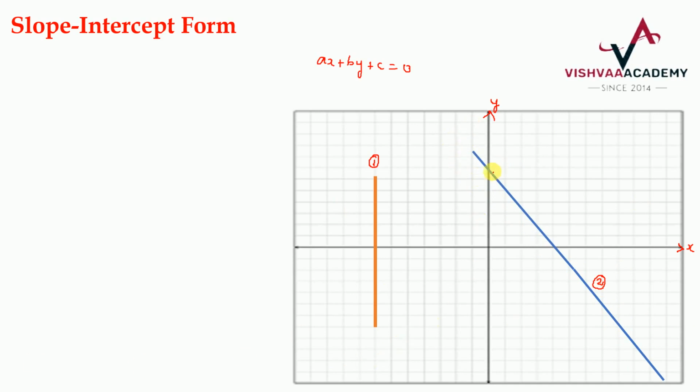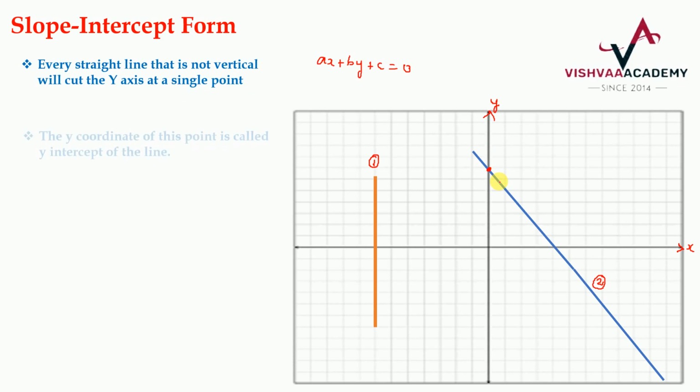From this we can understand that whenever it is not a vertical line, it will cut the y-axis at some point. That is not a problem. Based on this, we can derive the slope intercept form. Every straight line that is not vertical will cut the y-axis at a single point.